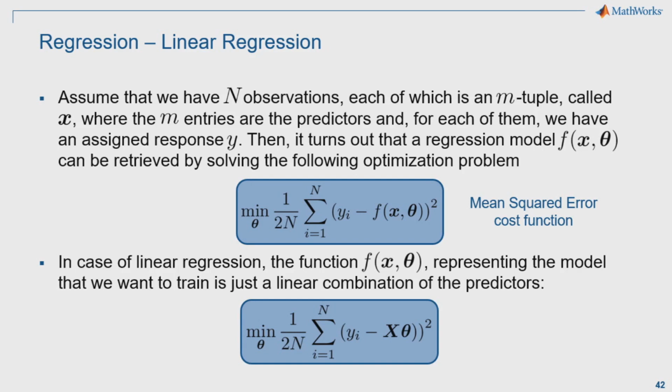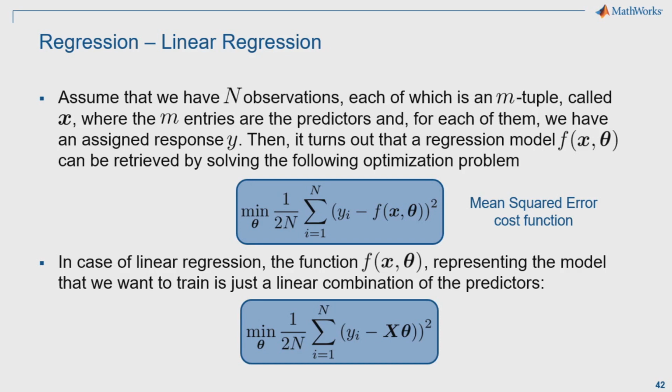We want to minimize the mean squared error between the labels, the response variable, and the model that we want to fit. So essentially what we are trying to do with this mean squared error cost function is to minimize the difference between the model that we want to fit and the response value that we have. And I remind you that we have this response value because we are in a supervised learning approach.